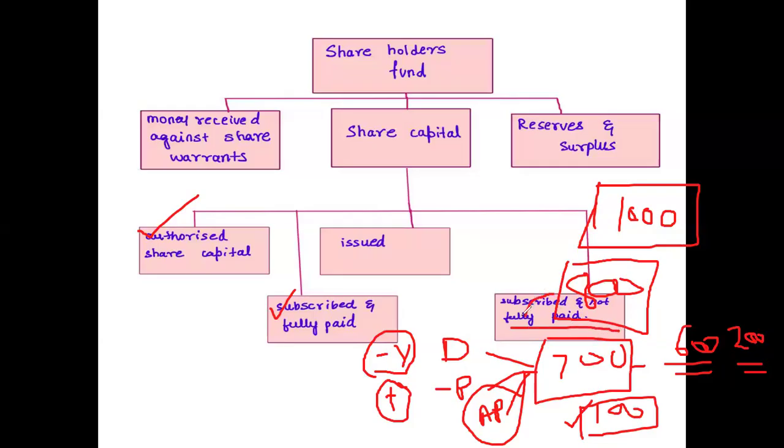They will issue the balance 100 here, and this money of 200 they can use for business. Now if this 200 capital again becomes insufficient, then out of authorized capital, I have 200 more, which I can issue to the people for their subscription. And this way, without further borrowings from external entities, I can have 400 rupees capital to myself.